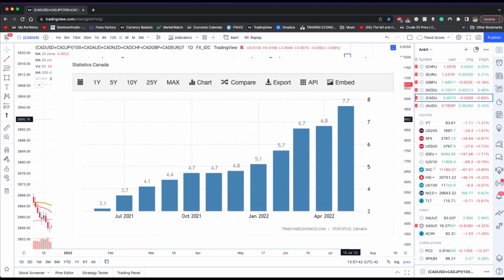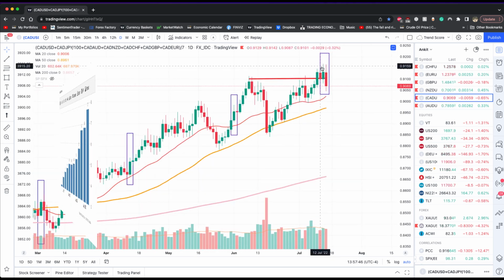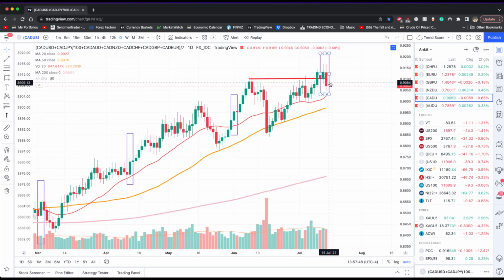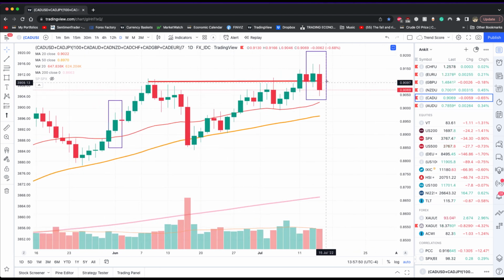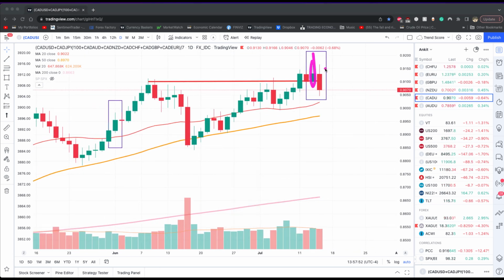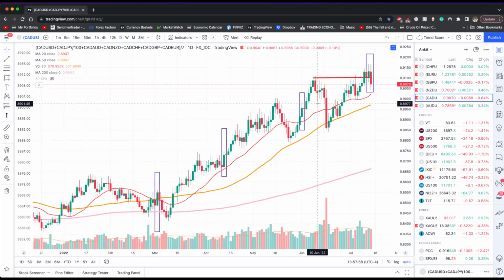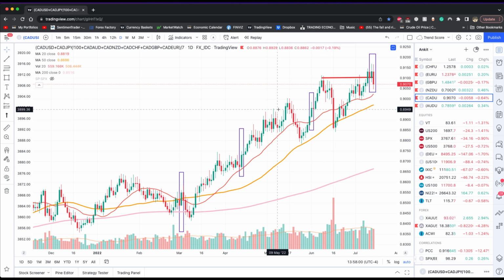Now, the Canadian dollar, as you can see, has pulled back a little bit after the rate hike. If you take a look at yesterday's move, we did go up on the news, but then here we are making a reversal. So the question is, are we hitting a point where the Canadian dollar is about to make a change?